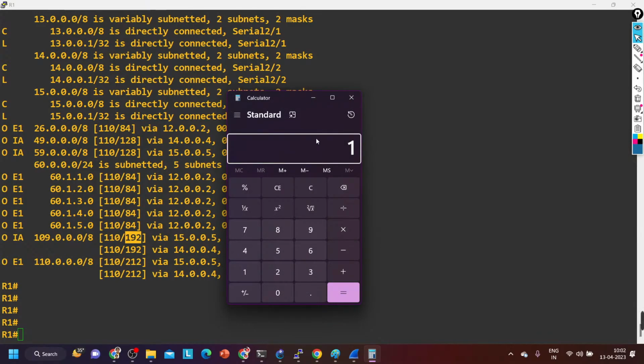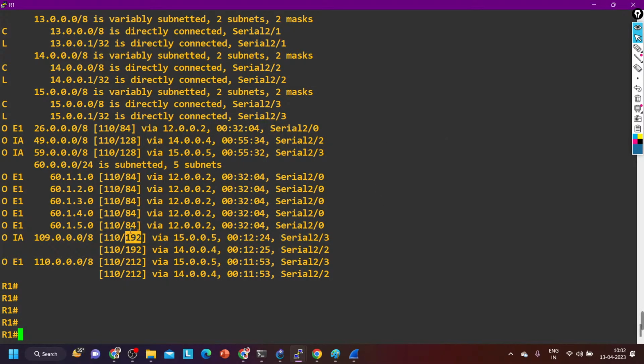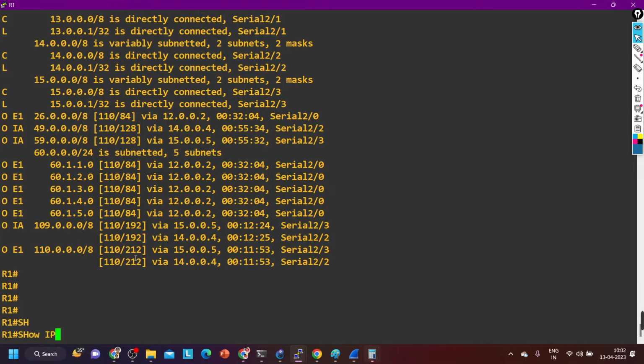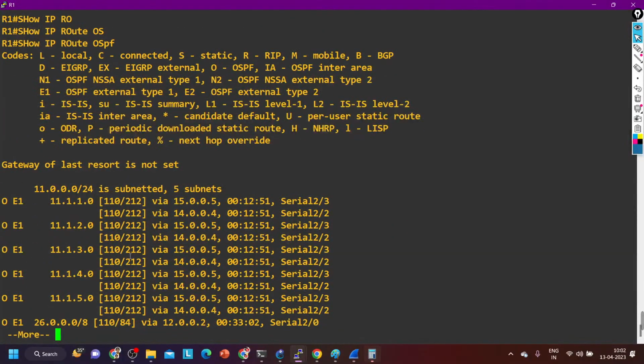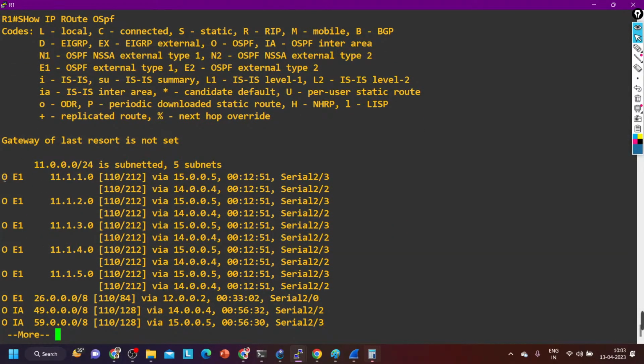Calculator is not working. Definitely 192 plus 20 will be 212. So that's why this router has installed it, yes or no? So, show ip route ospf. See how this router has calculated metric 212.